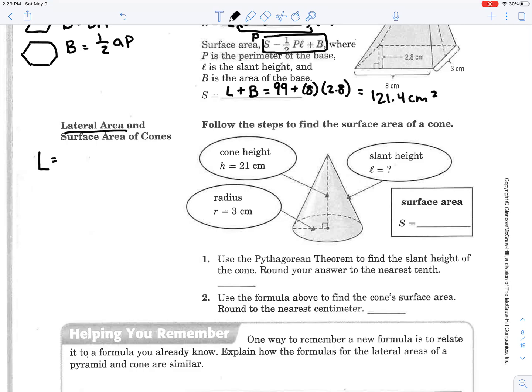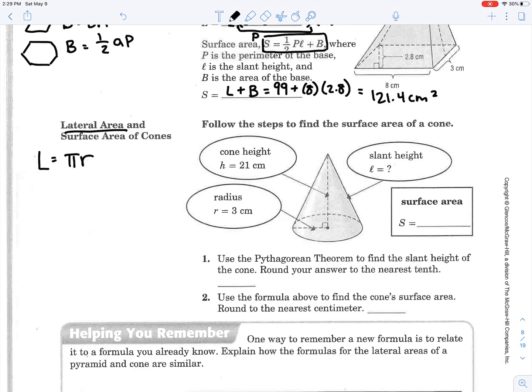If we take half of the lateral area of the cylinder, we're going to get the lateral area of the cone. Well, lateral area for a cylinder was 2 pi r times h. Half of that would be pi r, but we're dealing with slant height, so it would be L.